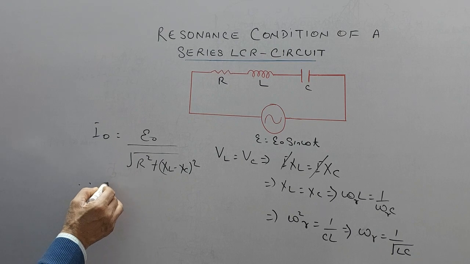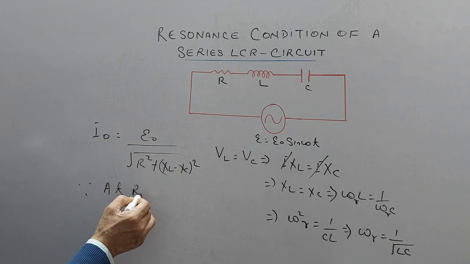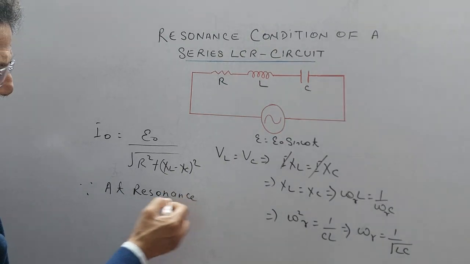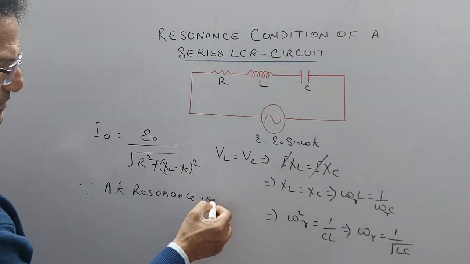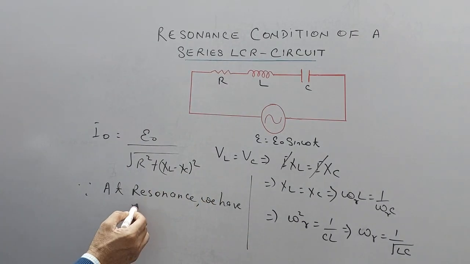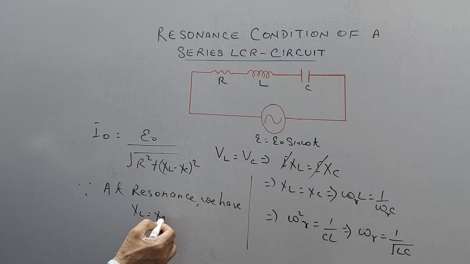Since at resonance we have XL equal to XC, the term becomes 0.